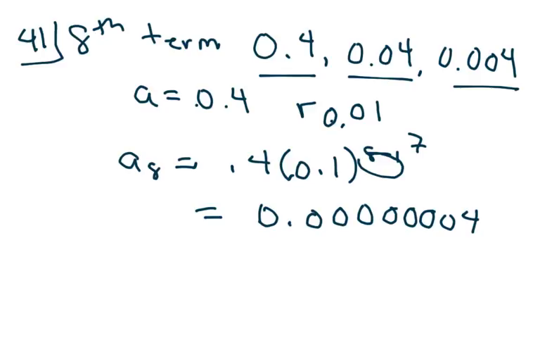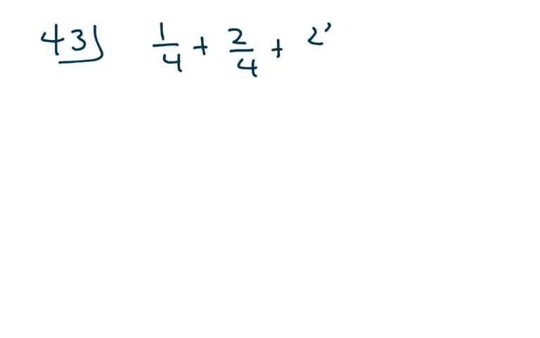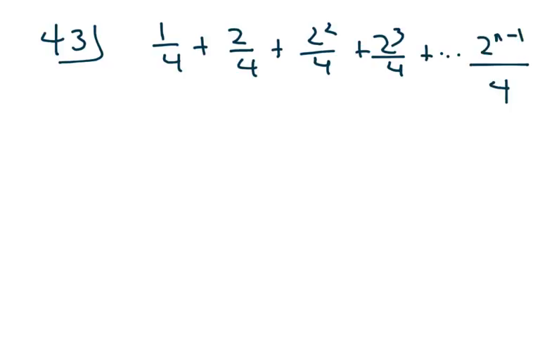All right. The next step is we have to find the sum. Okay, so that means we're adding, that's a geometric series sum, and we have 43. So we have 1/4 plus 2/4 plus 2 squared over 4, plus 2 cubed over 4, plus ... 2 to the n minus 1 over 4.